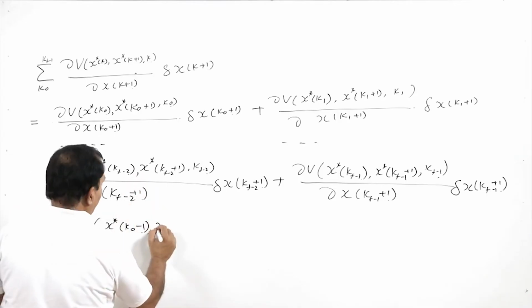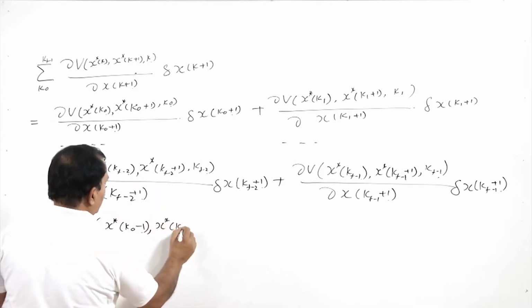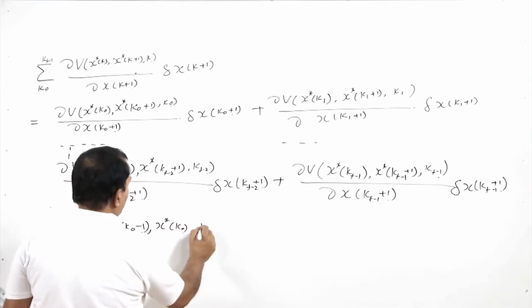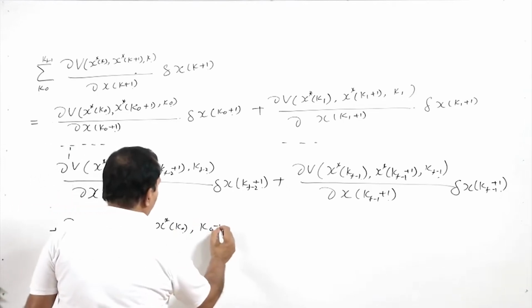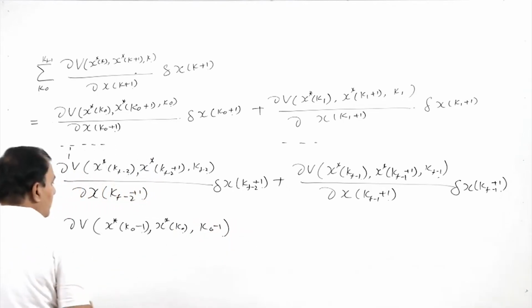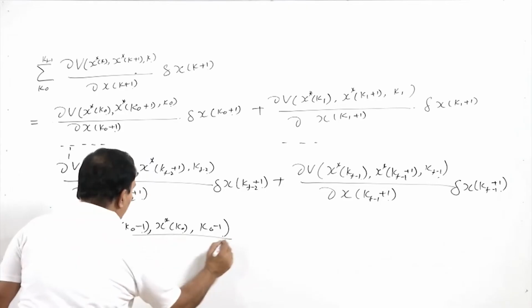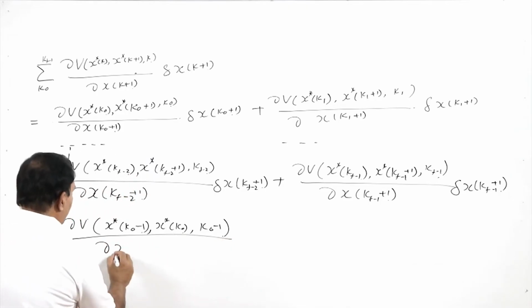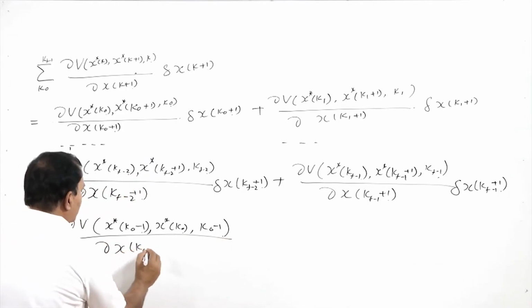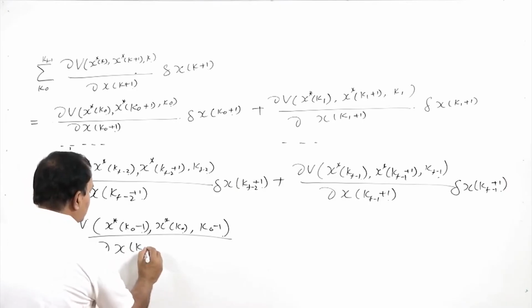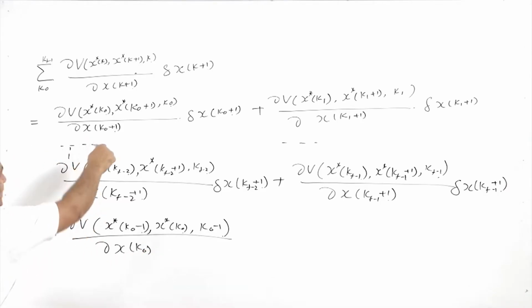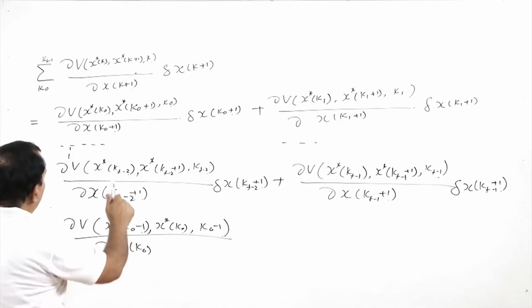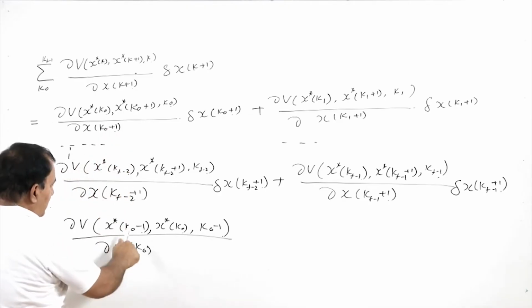As per this, next will be x star at k0 minus 1, del x at k0, because we have to take the k0 minus 1.